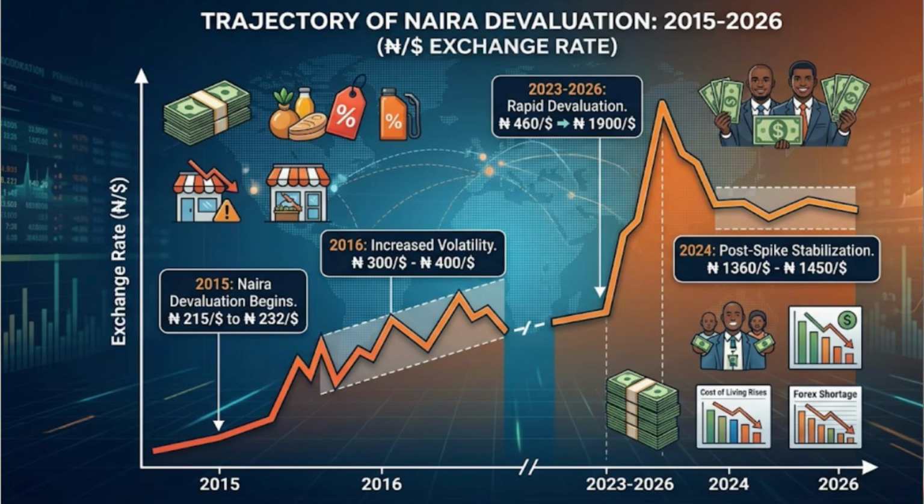And during 2016, under President Buhari, the black market fluctuated to 300 to 400. Then in 2023 to 2020s, under the current president of Nigeria, Bola Ahmed Tinubu, the Naira experienced a historical depreciation, moving from 460 to 1,900 in early 2024, before stabilizing to the current rate now, which is 1,450.